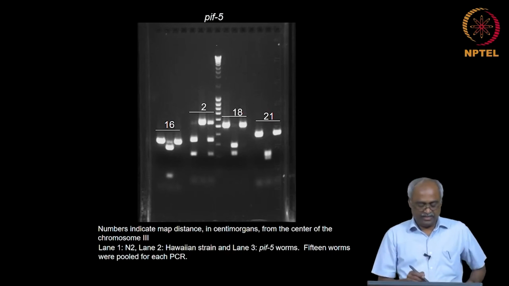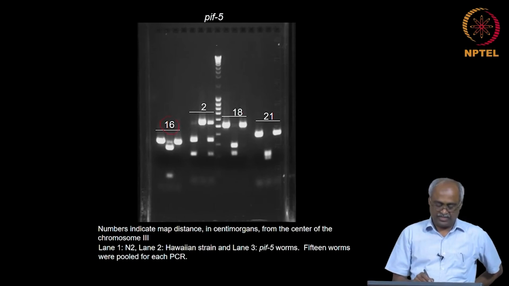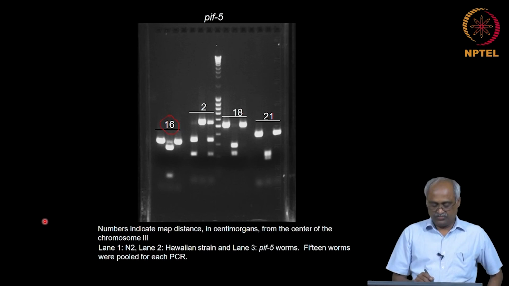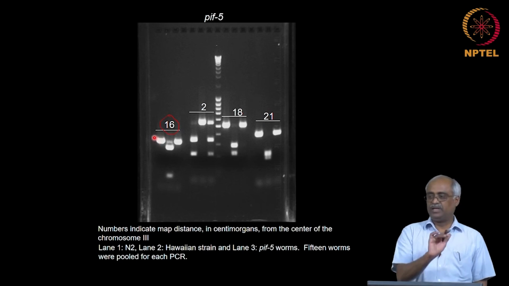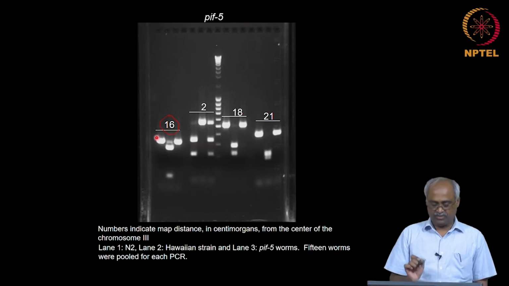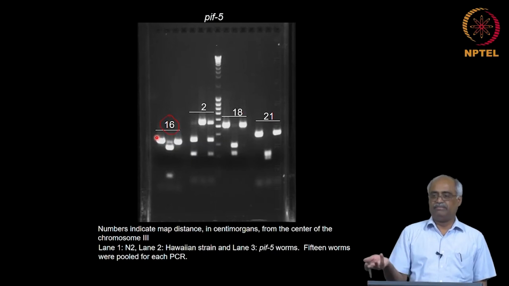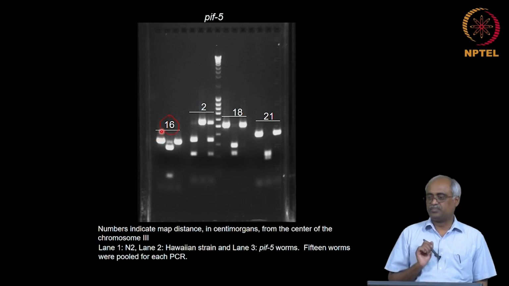So, here this is position 16 on a particular chromosome. Okay. So, the first lane is pure N2 strain, I have not done any crosses. I took that and PCR amplified with these 2 primers for that particular SNP and I digested, and there is no restriction site and it is not digested.